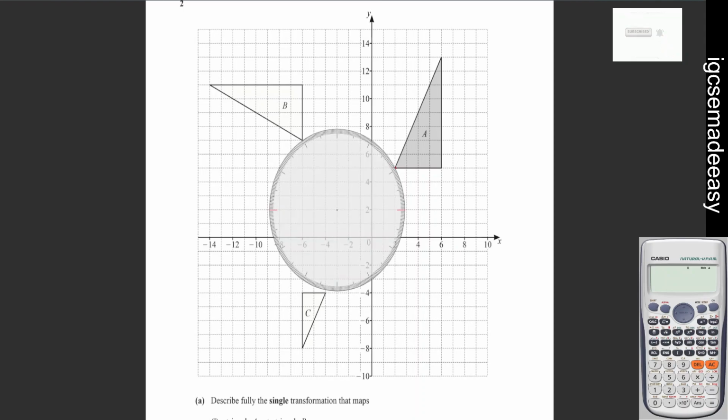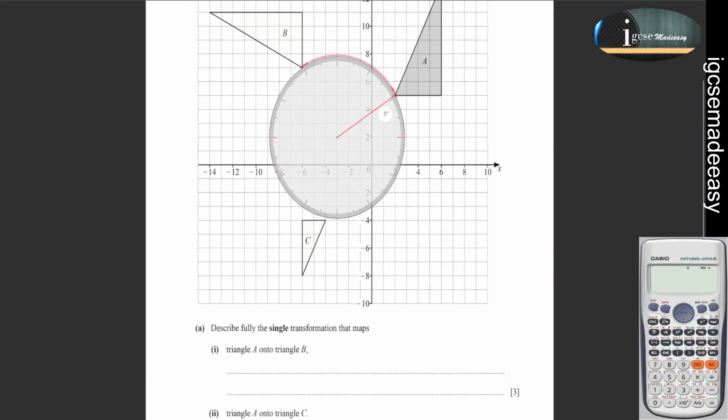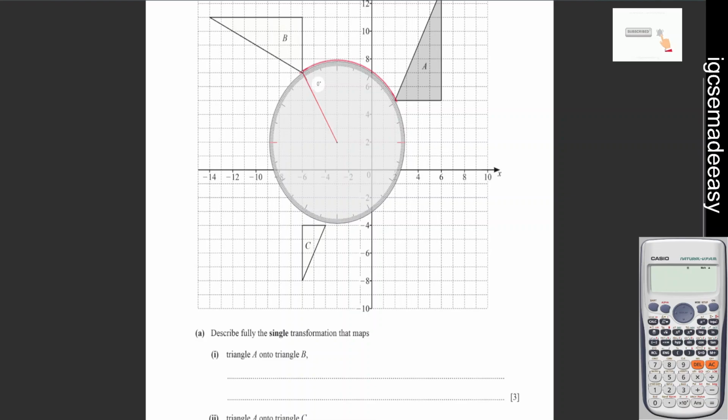The center of rotation is actually (-3, 2), and here the rotation is around 90 degrees. If I start from 0, somewhere it will be 90 degrees.